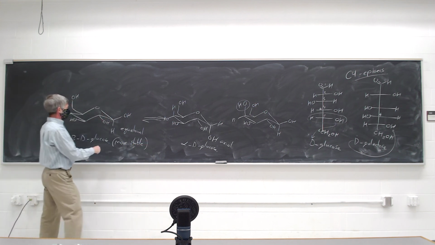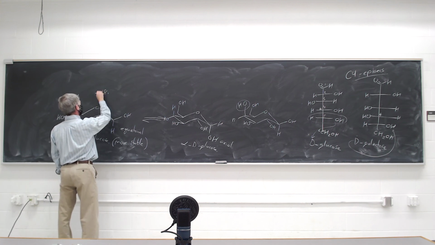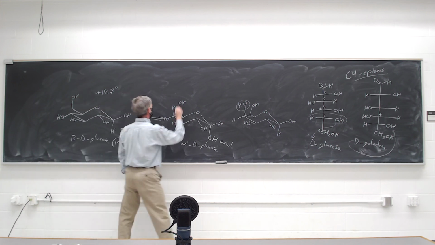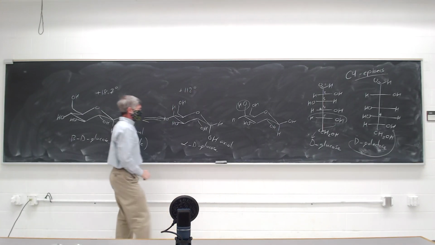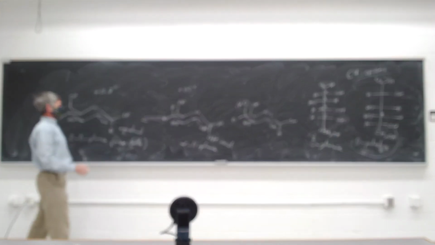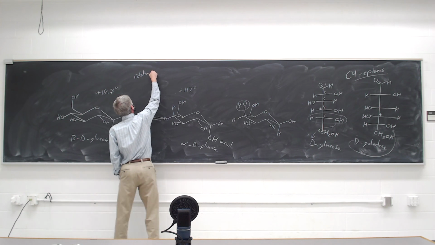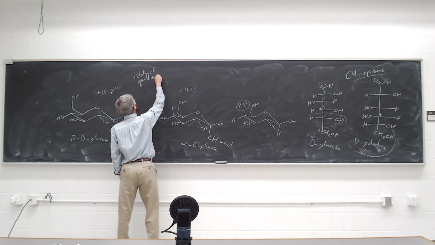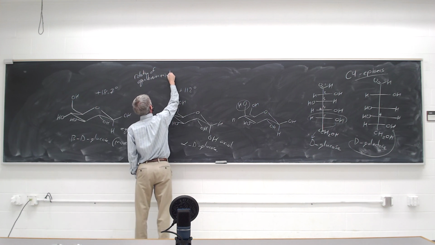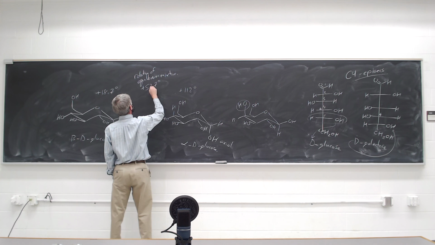So the beta isomer has a rotation of positive 18.7 degrees, and the alpha isomer has a rotation of plus 112 degrees. The equilibrium mixture of the two has a rotation of plus 52.7 degrees.